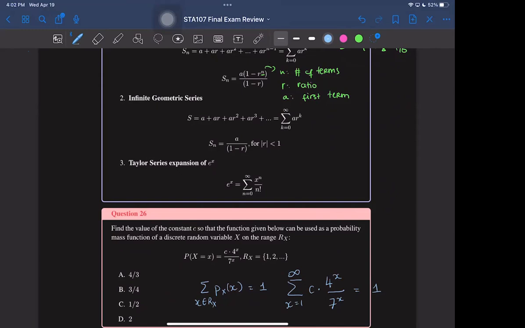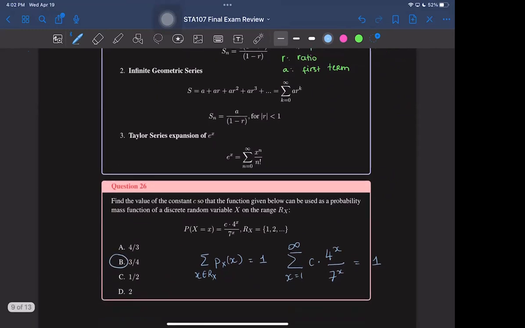So all of the students who answered chose B. I think that is the correct answer as well. So here, in order for the function to be a valid PMF, it has to satisfy this condition.